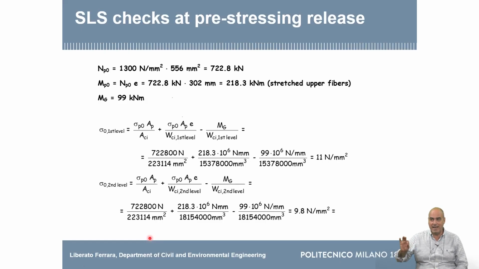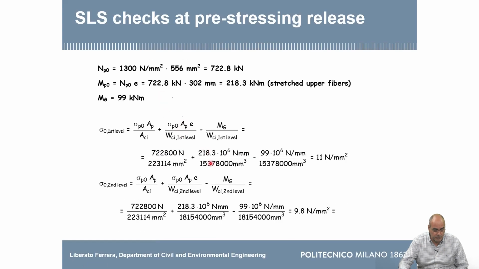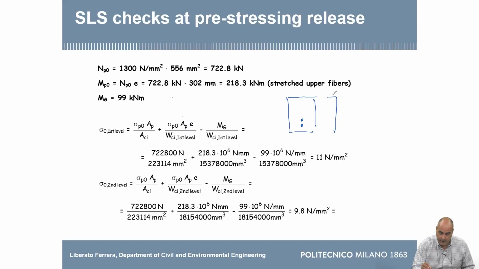Before we proceed, these are numbers that we keep for later. We calculate the stress in the concrete at the level of the tendons. So you see, we do not put here the same flexural modulus, we put here another flexural modulus, simply using the same formula, but you calculate the stress at a different position. It's like if you are with a rectangular cross section and you have the two tendons here and here, and your stresses, this is sigma, what we call sigma C inferior.